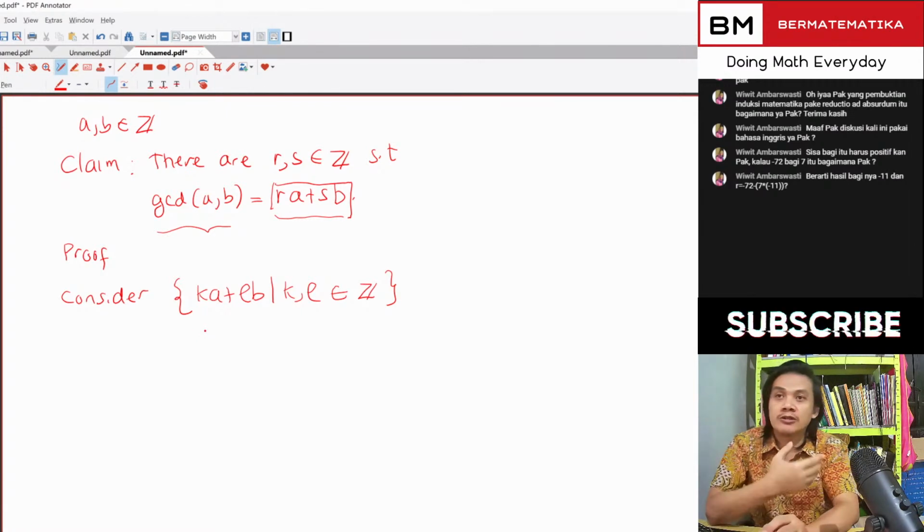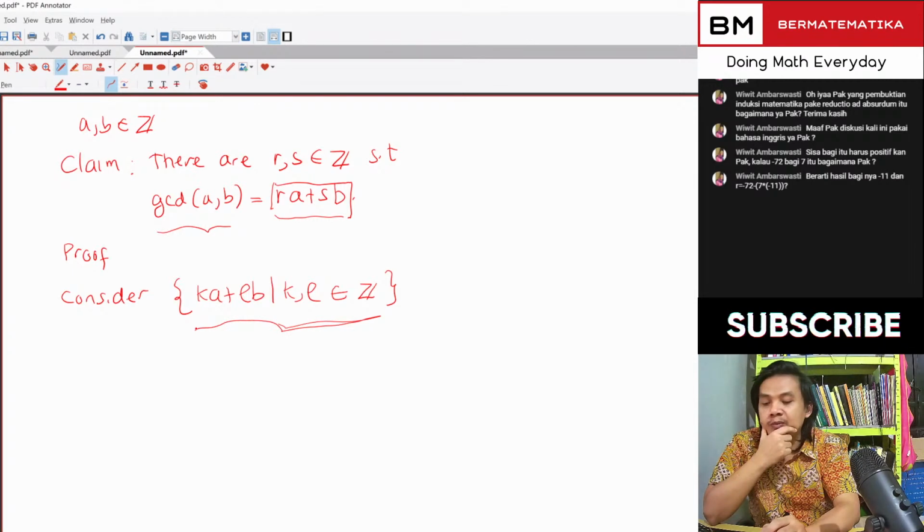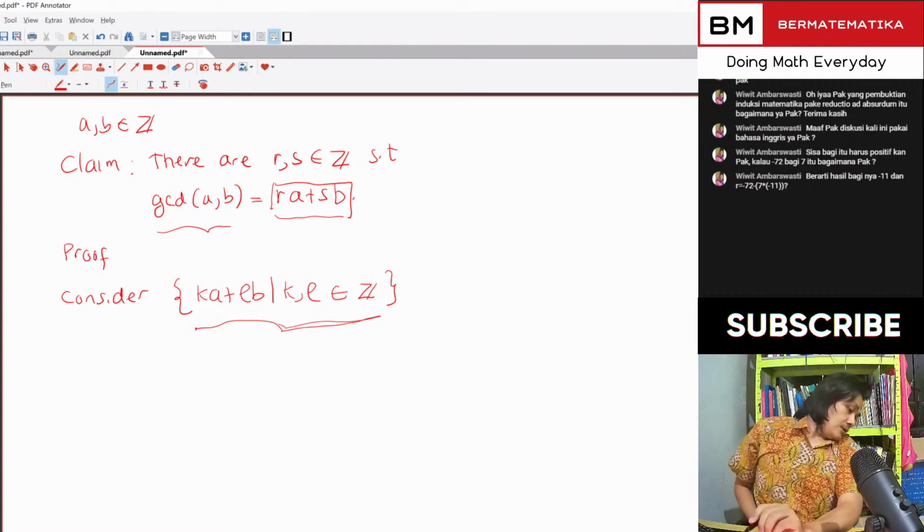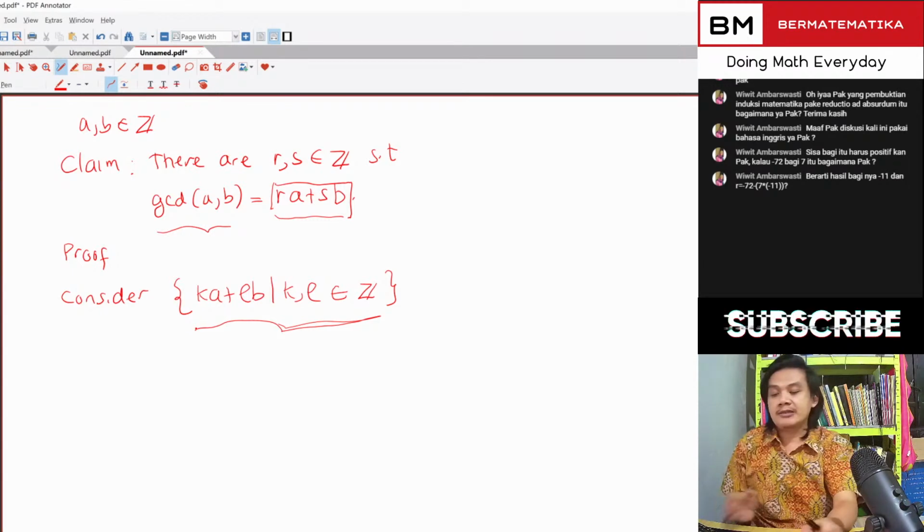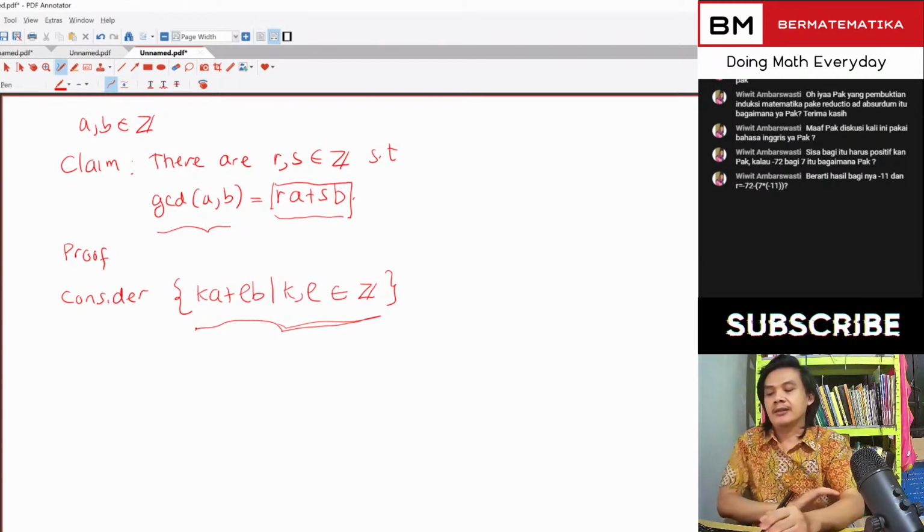The smallest positive element. So then we need to show that this set has the smallest positive element. So how can we make sure that such an element exists in this set?